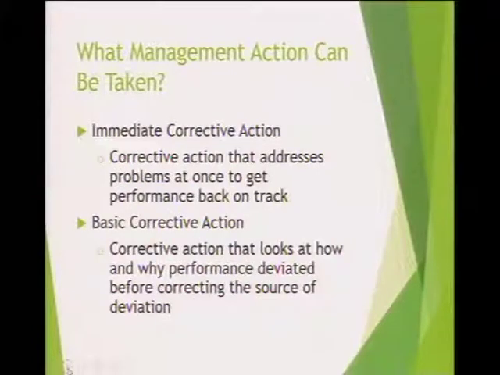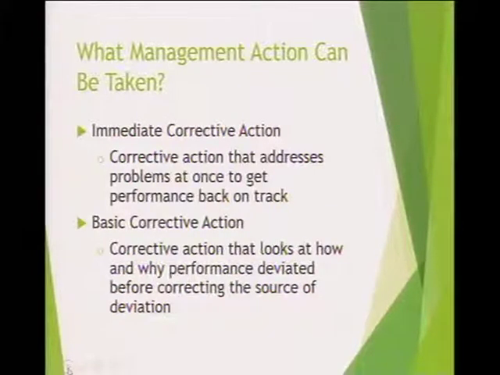All right. So what managerial action can be taken? There are a number of them. One of them is immediate corrective action, which addresses problems at once to get performance back on track.